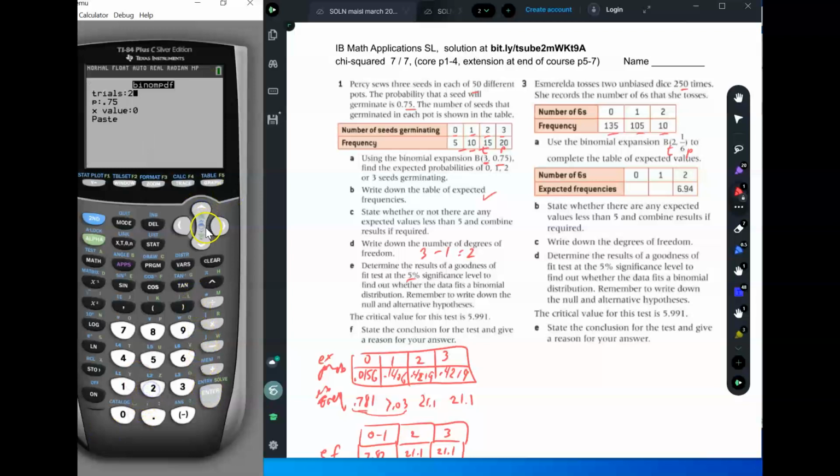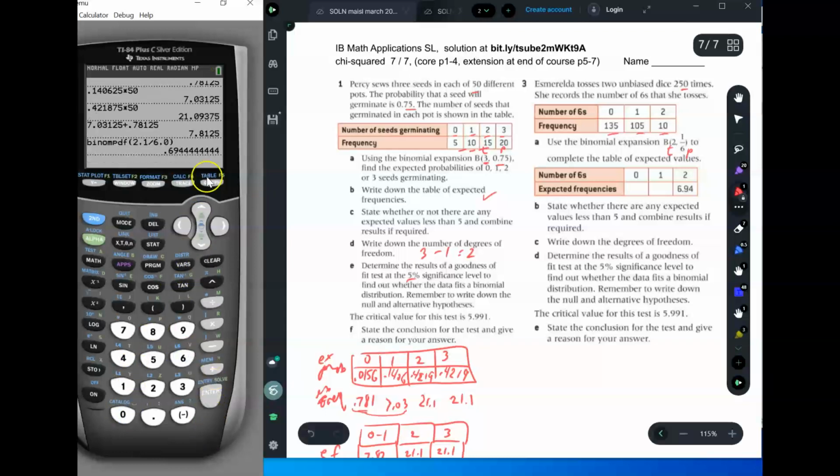And the probability is 1/6. You can just write 1 divided by 6 here. And the x value is 0 first. And I want to multiply that times 250 to get the expected frequency. 173.6.